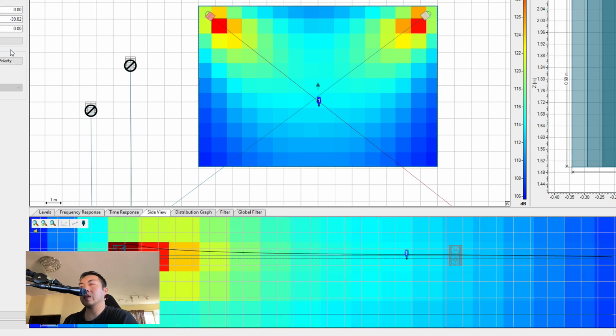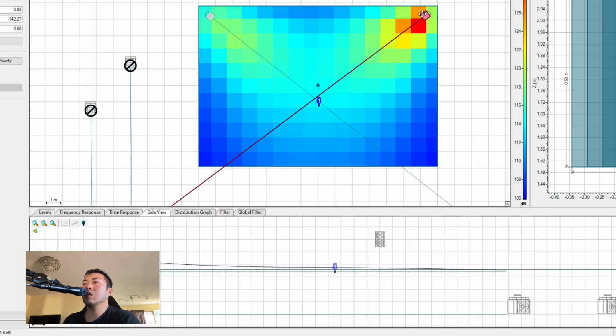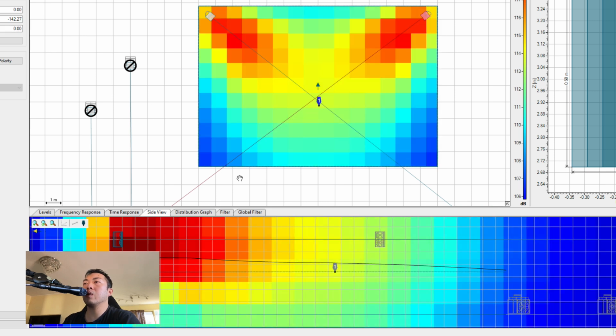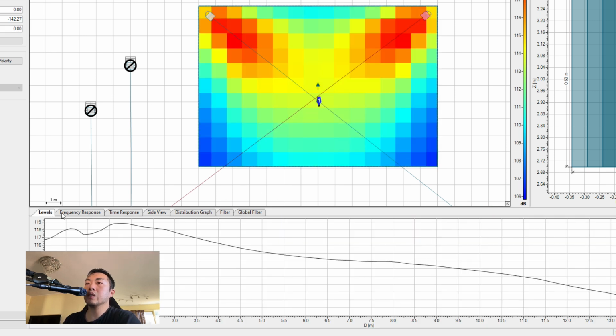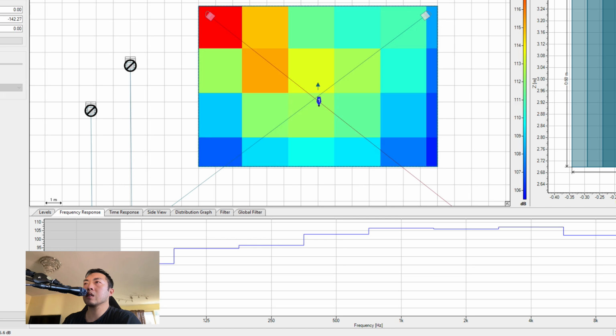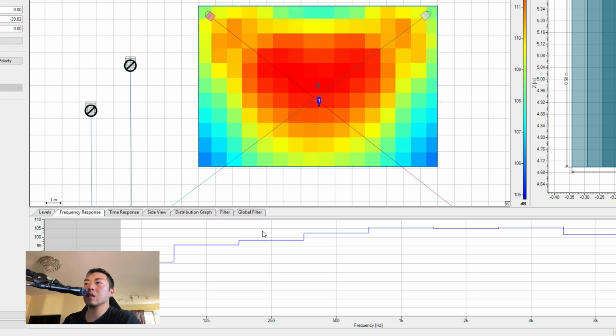So if I raise these to say 3 meters, which is not impossible for a set of nice speaker stands, and certainly not impossible if they're mounted to the walls, what you'll see is the frequency response, even if I make it higher, it sort of smooths out, okay?